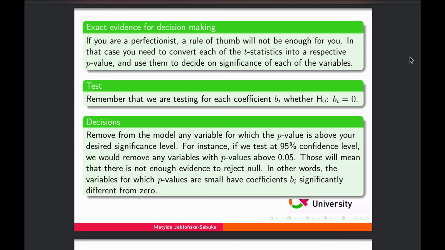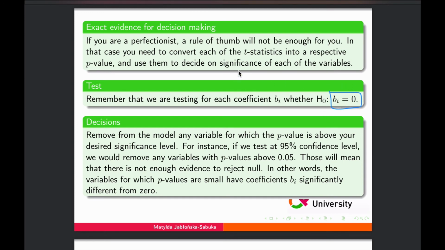But of course, if you're a perfectionist, a mathematician, then the rule of thumb will not be enough for you. In that case, we need to convert each of the t-values, or t-statistics, into the respective p-value and use them to decide on the significance of each. The null hypothesis in our test means that the particular b_i estimate is not significantly different from 0, and we are looking for evidence to reject this.